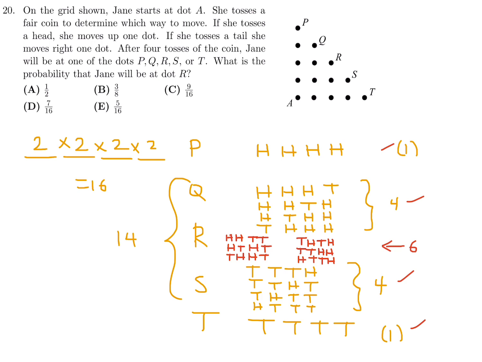And as you can see, that is 6. So in a very complete way, we were able to figure out that the probability of getting to R is 6 out of the 16, which in lowest terms is 3/8. So number 20, the answer is B.